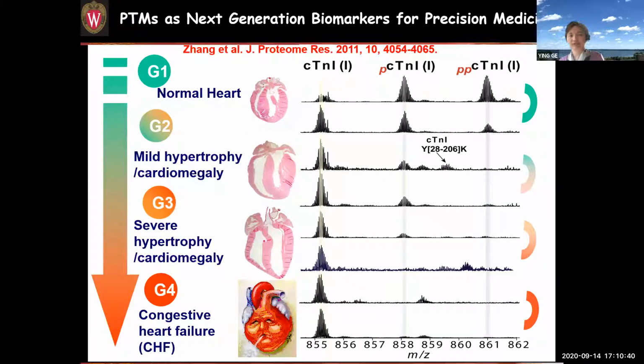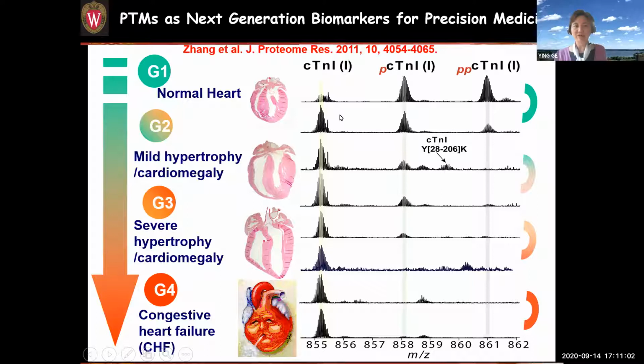Then the question is, what are we going to use these PTMs for? We try to see whether we can detect those PTMs reproducibly. Again, Ben's lab has great examples on histone modifications. Here I show you the example of cardiac troponin I, which is a gold standard biomarker.